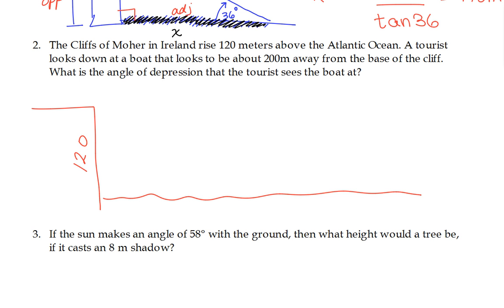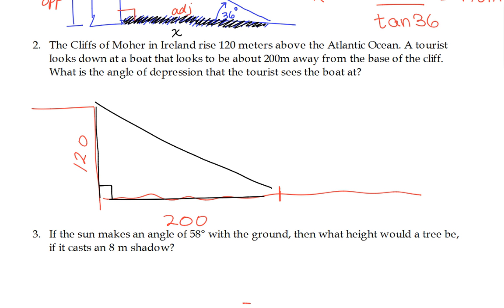Okay, so let's mark off 200 meters. And then, folks, for all these questions in trig, it's a right angle triangle. So this, in black, is just a right angle triangle that is going to approximate this situation.